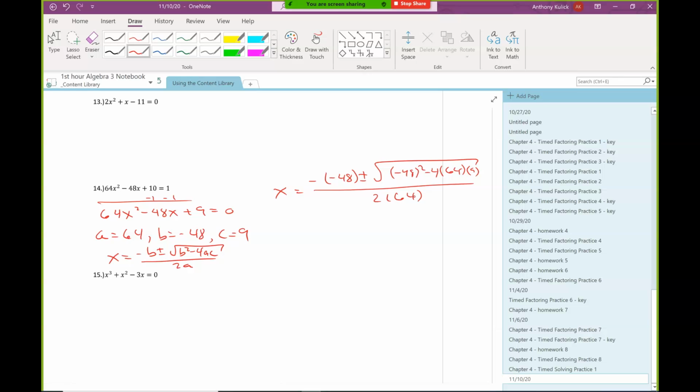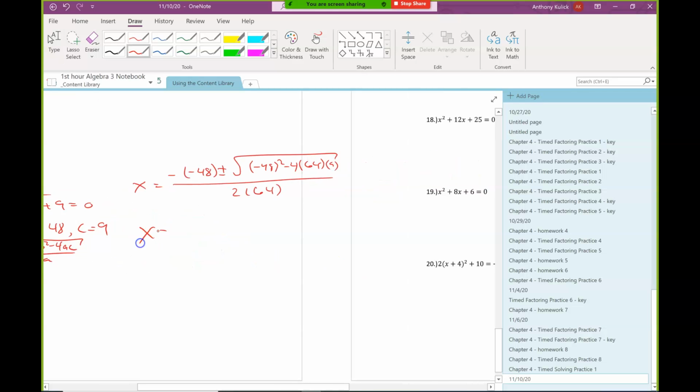I'm going to get out my calculator because I don't know that I can do negative 48 squared in my head. And then if I subtract 4 times 64 times 9, I get 0 underneath the square root there.